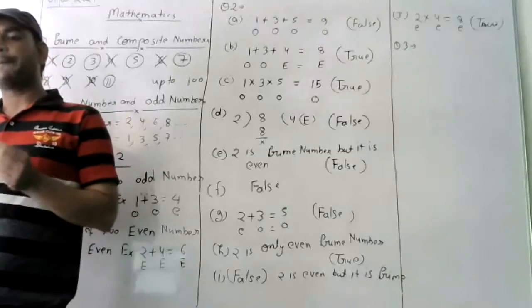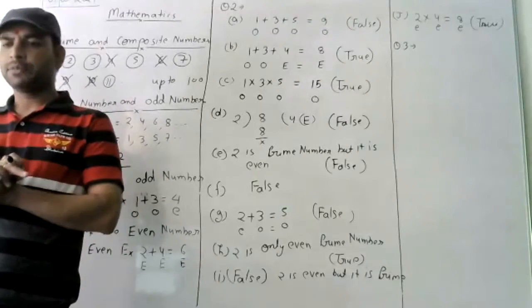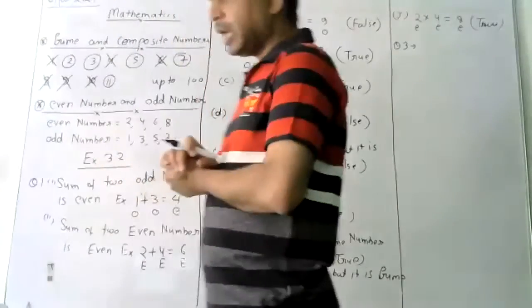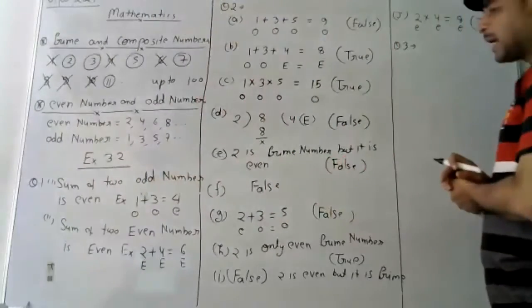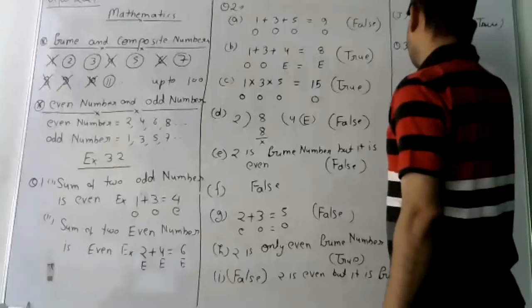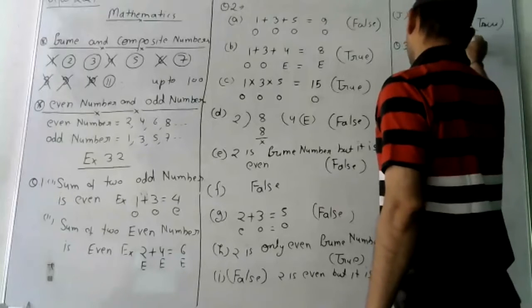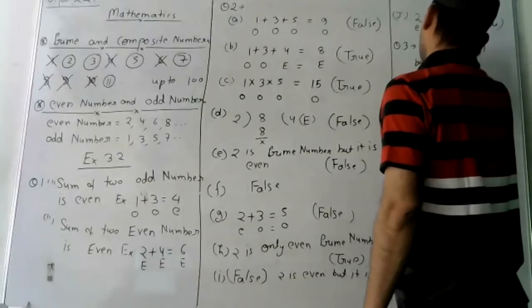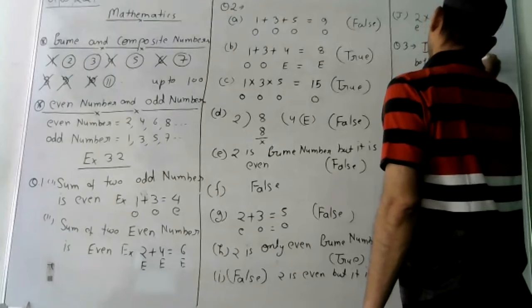Find such pairs of prime numbers up to 100. So here both numbers are prime. Write here that 13 and 31 are both prime.